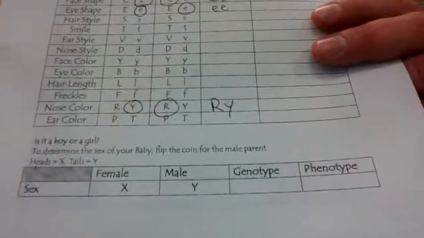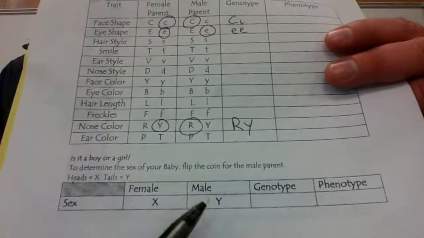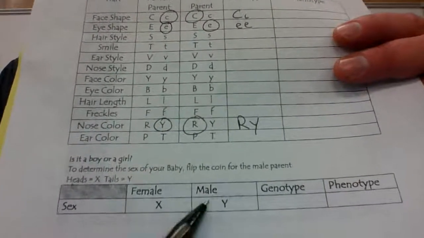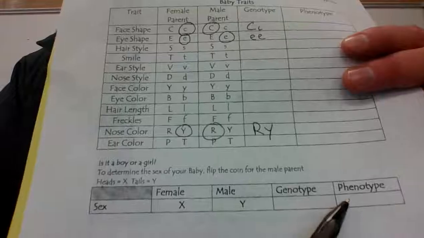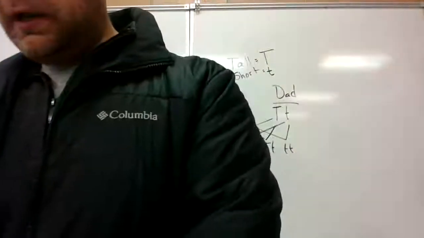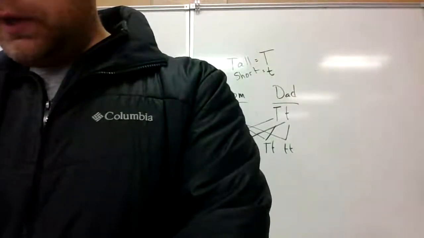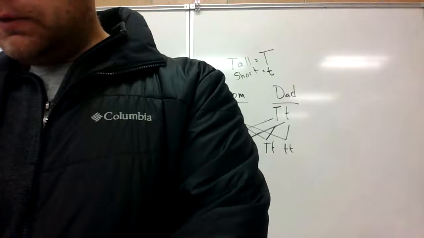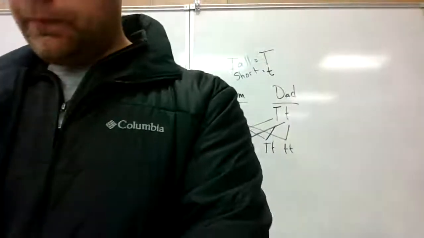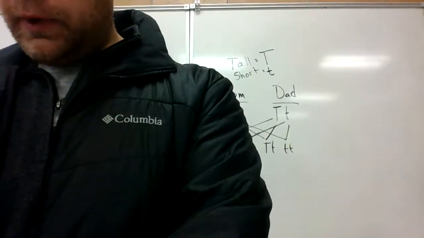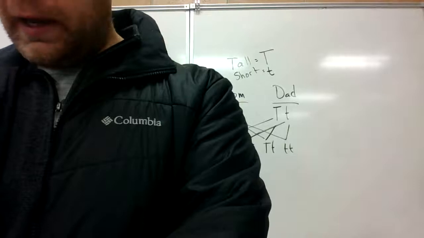Finally, the last thing you'll see here is the gender down at the bottom here. Now it says to flip a coin, but I will actually just let you choose. So the phenotype is where you'll write whether it's a boy or a girl. And the genotype, if it's a boy, the genotype is always XY.